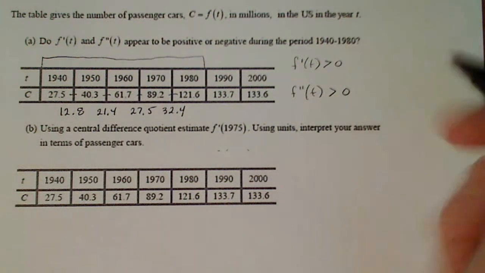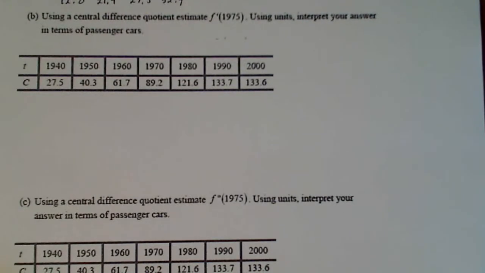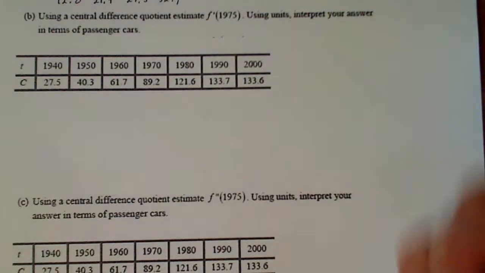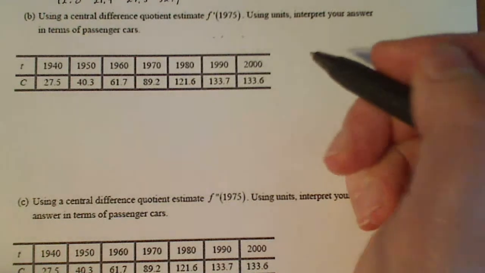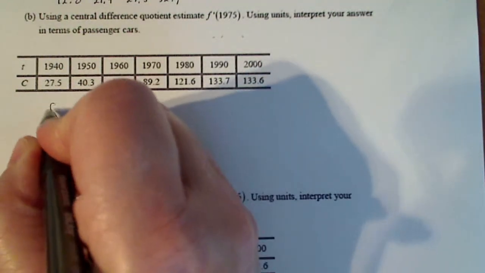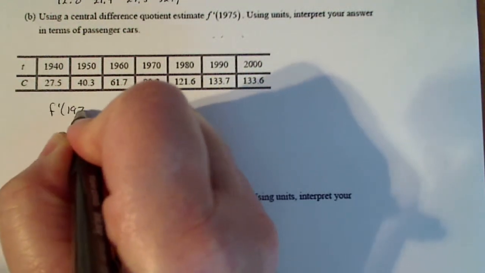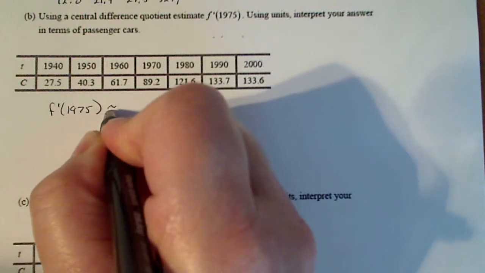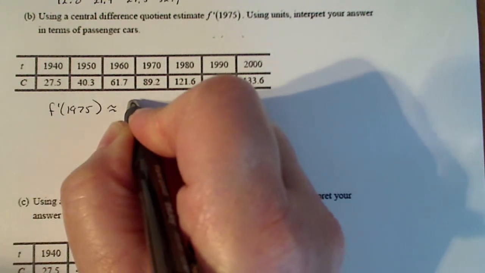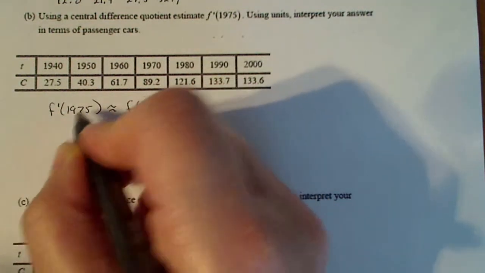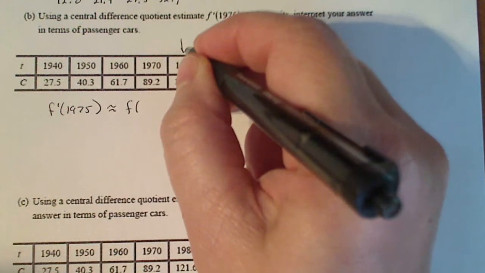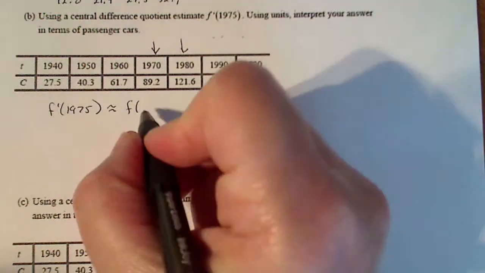It appears that way. Now part B says, using a central difference quotient, estimate f prime of 1975. So if I write down what f prime of 1975 is using the difference quotient, that's going to be an approximation using two numbers surrounding 1975, 1980 and 1970.